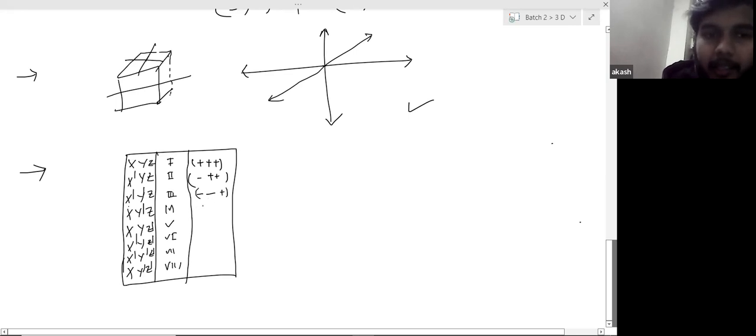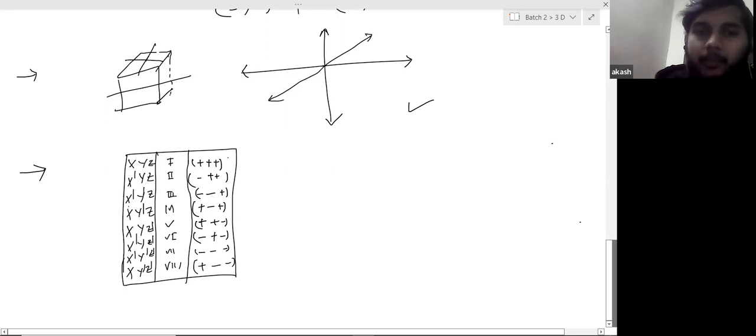After that x is positive, y is negative, z is positive. Then positive, positive, negative; negative, positive, negative; negative, negative, negative; and positive, negative, negative.